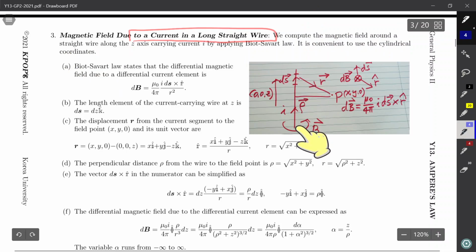This is a straight wire along the z-axis. So this is the z-axis. The current is going up along the z-axis. Then the magnetic field is rotating counterclockwise when it is seen from the top.